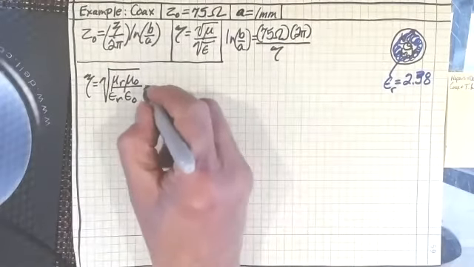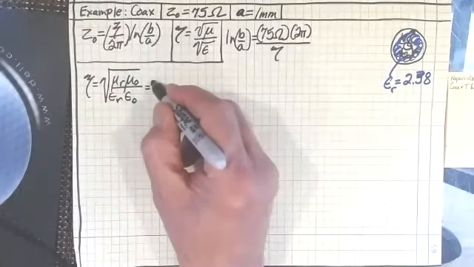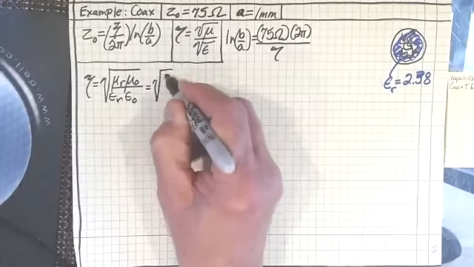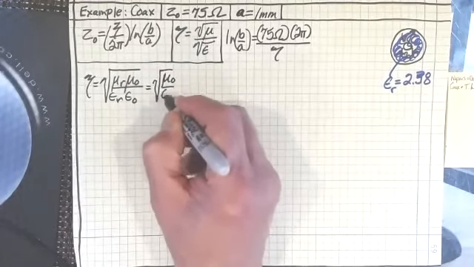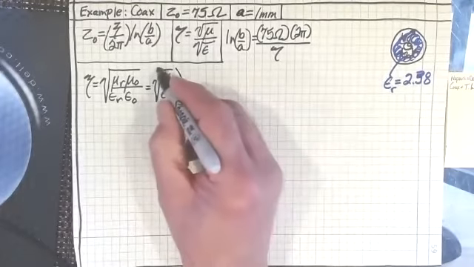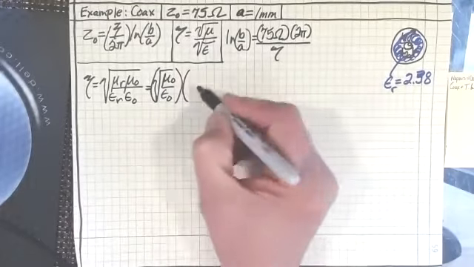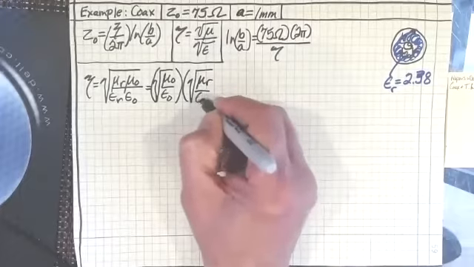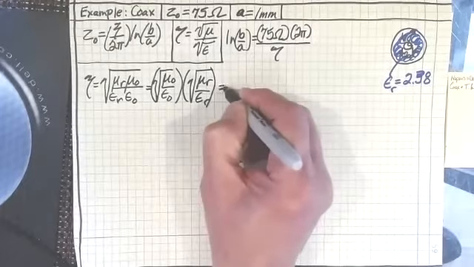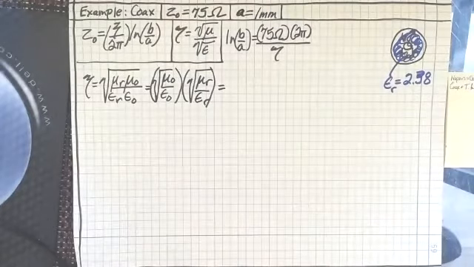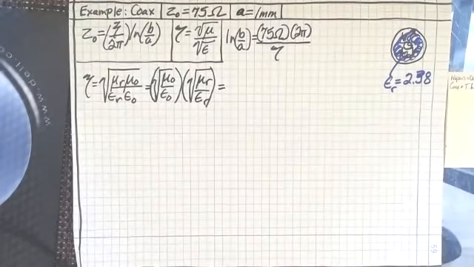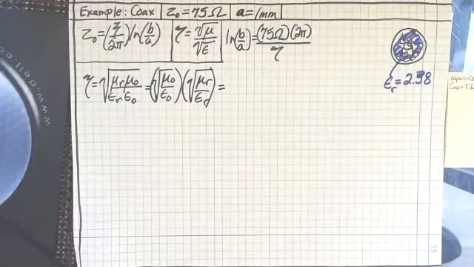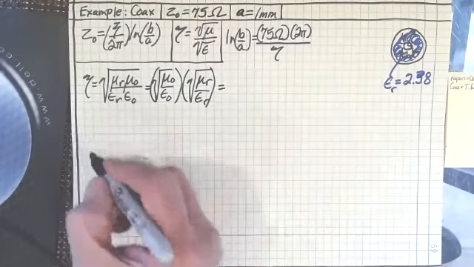Couldn't I break that up and say that that is really the square root of mu sub o divided by epsilon sub o times the square root of mu sub r divided by epsilon sub r? I'm also going to mention this: mu sub r in everything that we're going to be doing in this course is going to be 1.